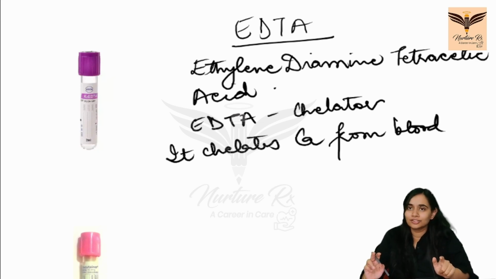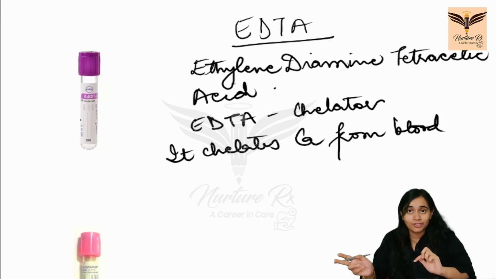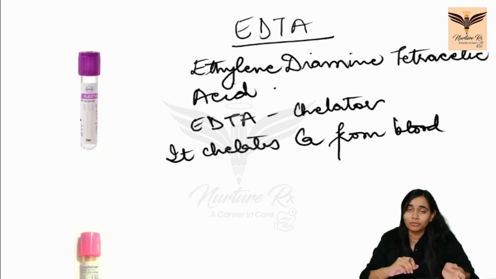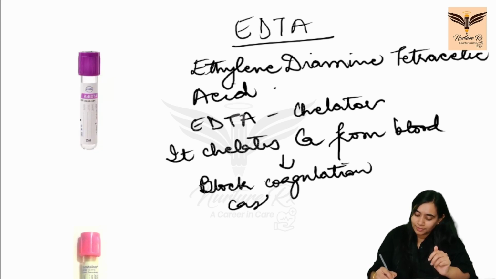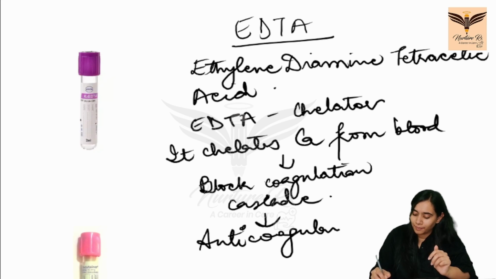Calcium triggers your coagulation cascade. So if it triggers your coagulation cascade and this calcium is now bound by EDTA, then what will happen? It will block your coagulation cascade. What will that result in? It will work as an anticoagulant, right?